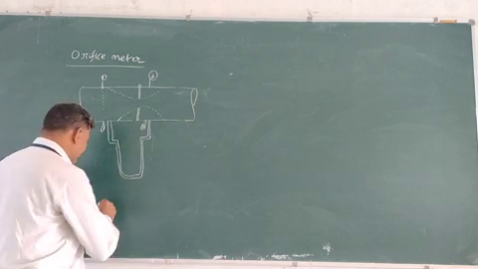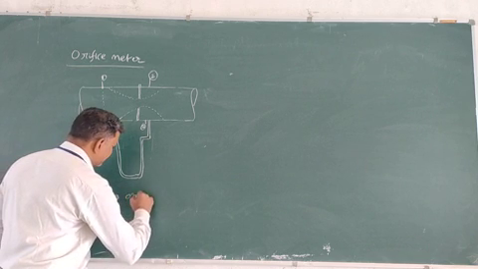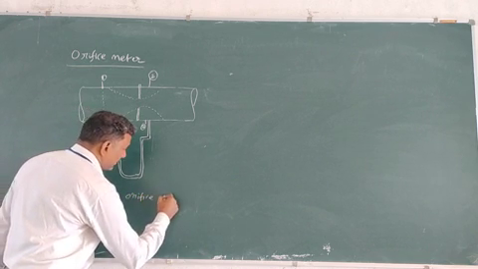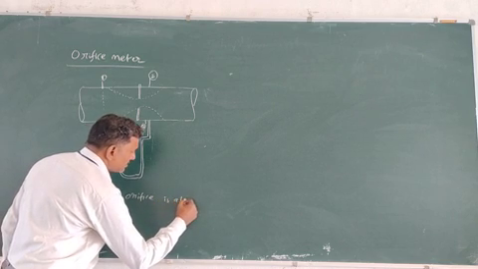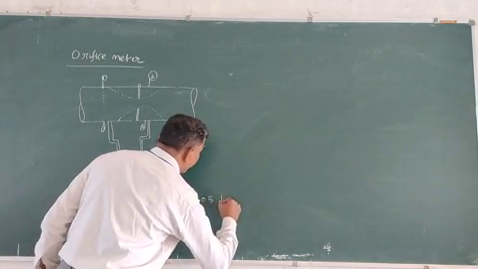The diameter of the orifice is about 0.5 times the diameter of the pipe.